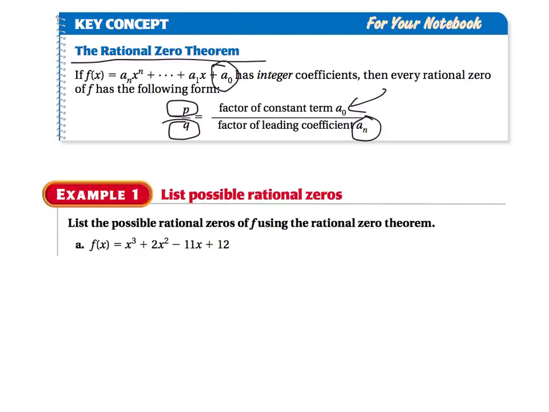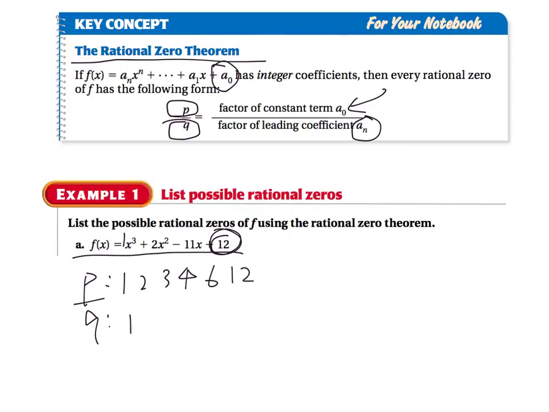What this is saying is that if this polynomial function has a rational zero, then the zero will look like this. You will have p over q, where p could be factors of 12, which are 1, 2, 3, 4, 6, and 12. And q will have to be a factor of 1, which is simply 1.